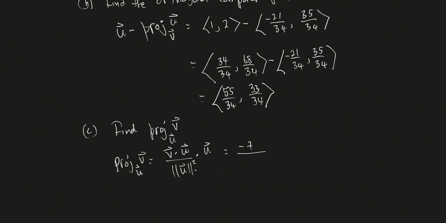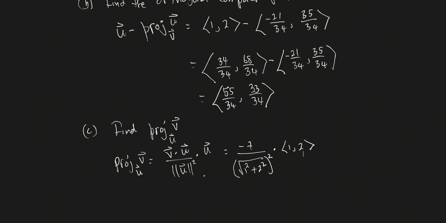But the magnitude of u squared is going to be root 1 squared plus 2 squared, squared, right? Remember, u is the vector. In fact, u is right here. It's the vector 1, 2. Find its magnitude, square it, and then finally multiply the vector 1, 2 by this scalar, and I will get this projection, right?